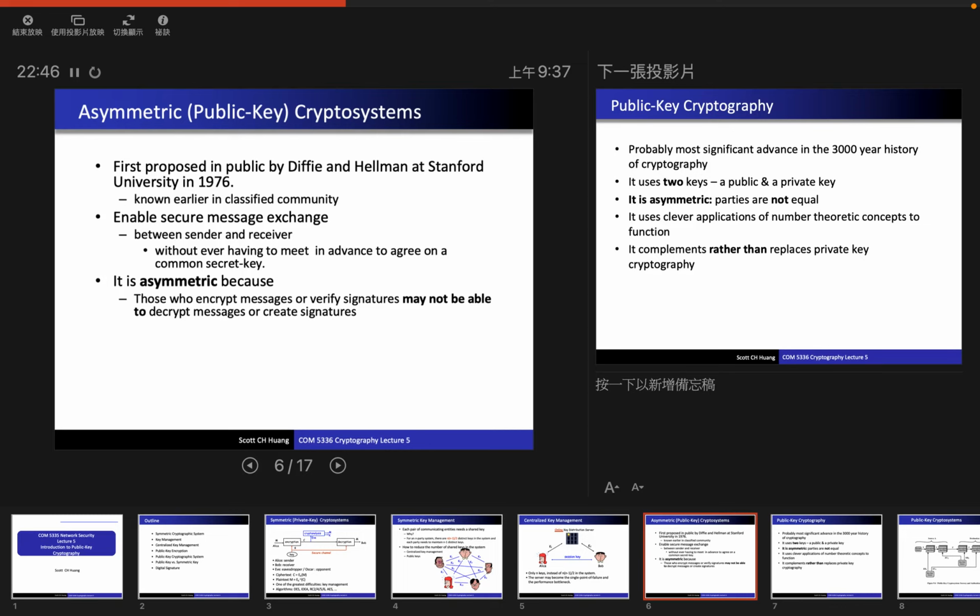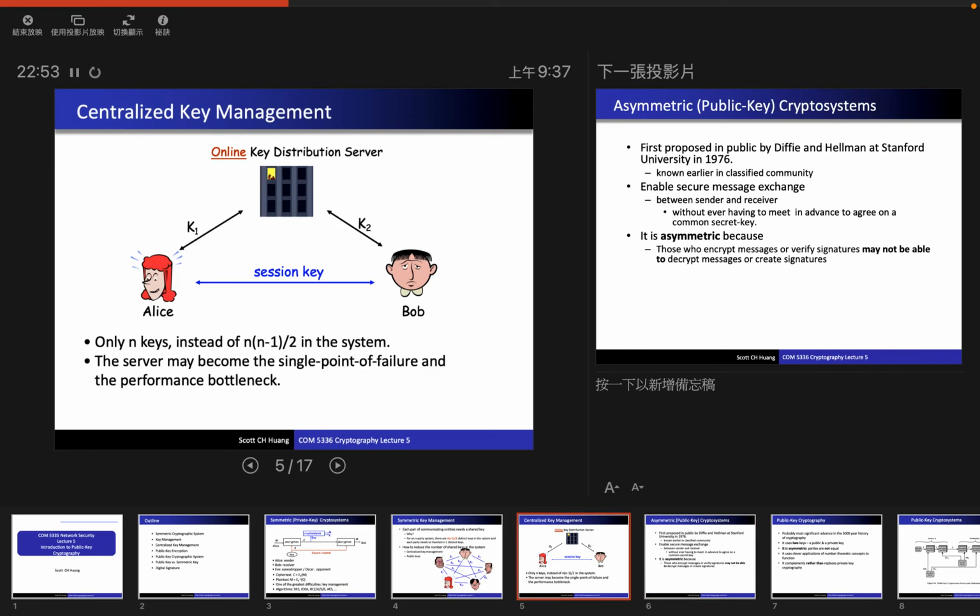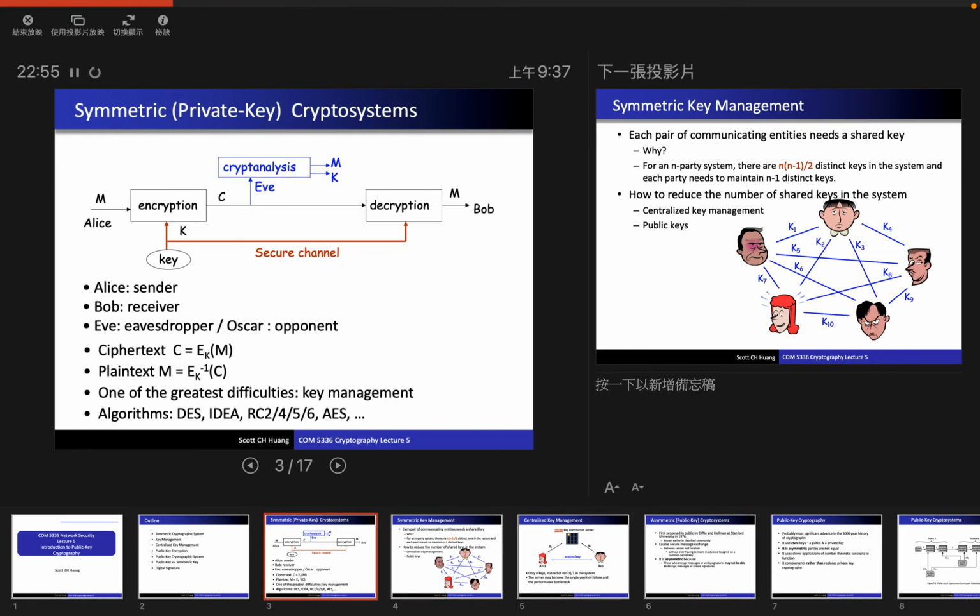So in other words, how to make the system work? The sender and receiver may be different, and the one who encrypts the message may not be able to decrypt. So you don't have to have a secure channel. Let's say Bob can use two keys.